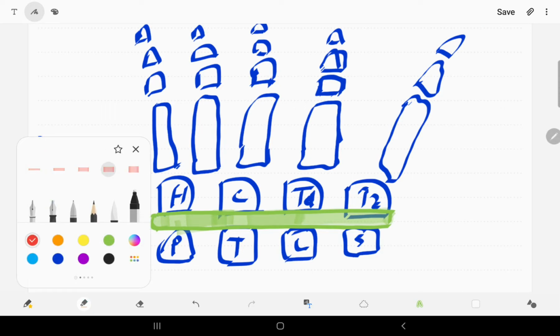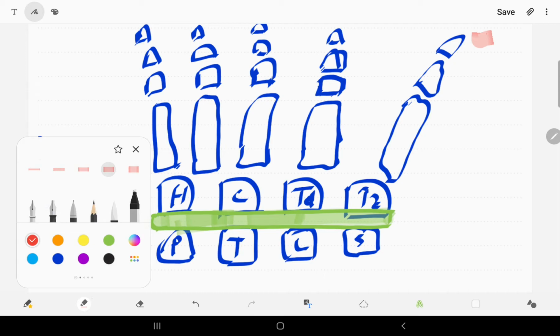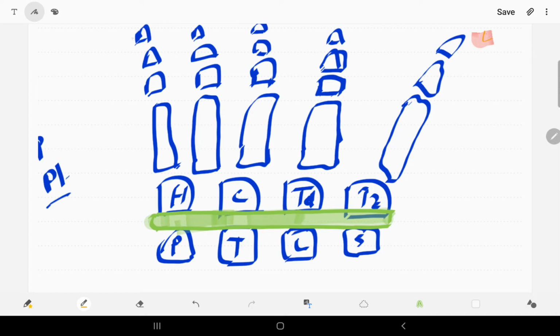This is your pollex, palmar side. This is lateral, and your little finger or digiti minimi is obviously the medial side. This is represented like this in a map: this is the lateral, this is the medial.